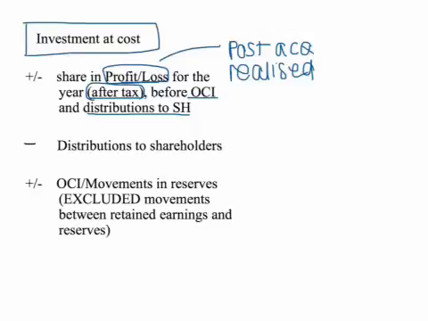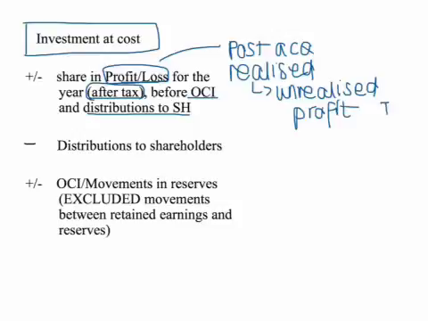So only the profit and losses resulting from transactions with parties apart from transactions between the associate and the investor. So only other parties' transactions results are included in that figure. That's why you'll see later on in the textbooks that adjustments are made for unrealized profit on transactions between the investor and the associate.